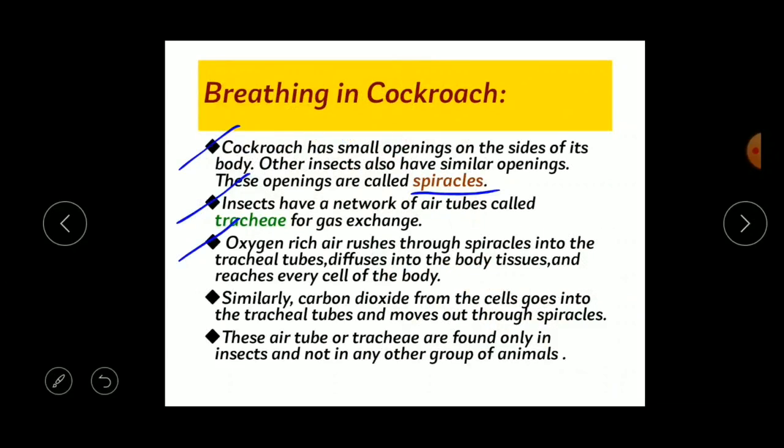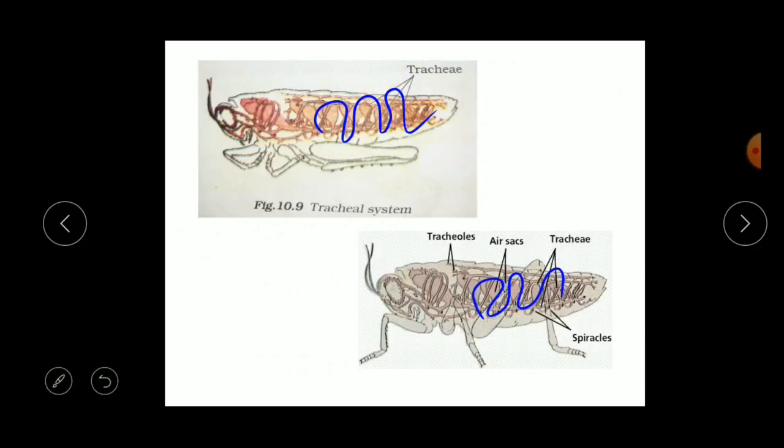Oxygen-rich air rushes through the spiracles into the tracheal tubes, diffuses into the body tissues and reaches every cell of the body. So the air enters the body through the spiracles and diffuses to the cells through the tracheae.